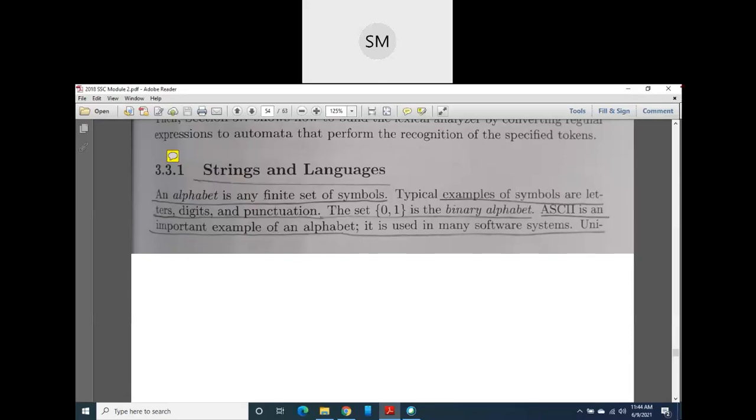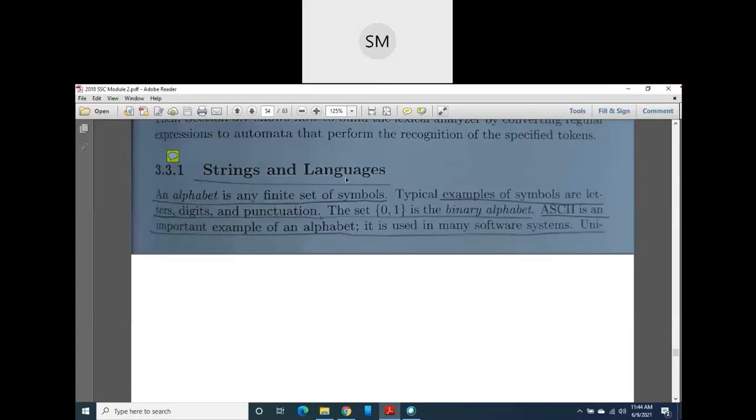I already told you what we mean by strings and languages. Just remember the meaning of alphabet.